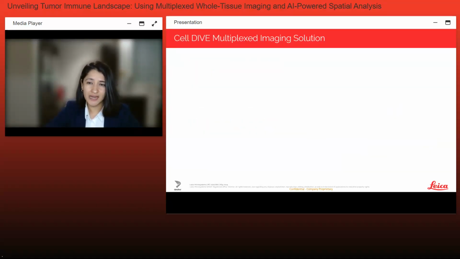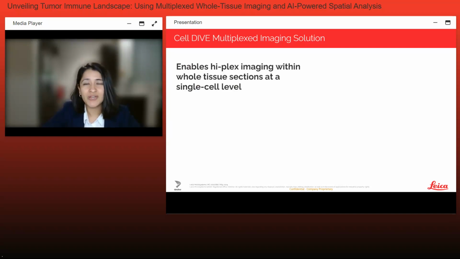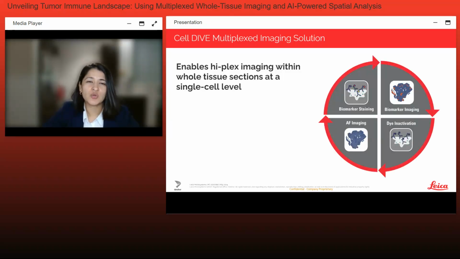So to interrogate the intricacies of the tumor immune landscape, we choose the CellDive multiplexed imaging solution. Briefly, CellDive enables high-plex imaging within whole tissue sections at a single cell level. An iterative staining workflow, as shown here, is the backbone of the CellDive process.